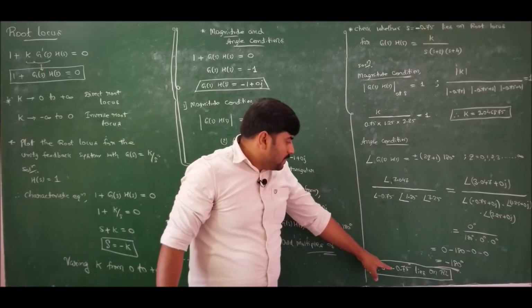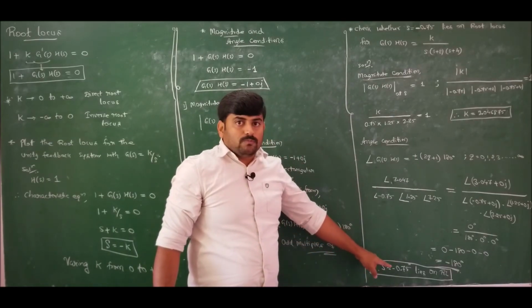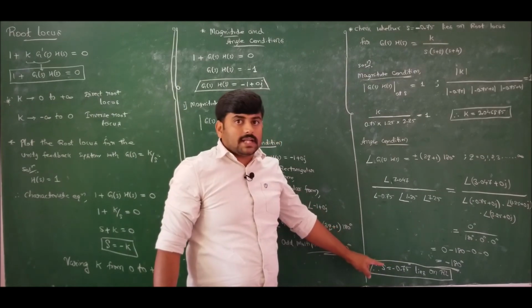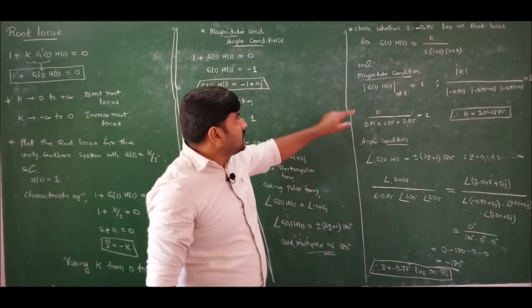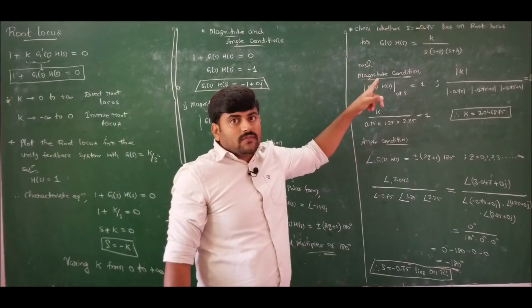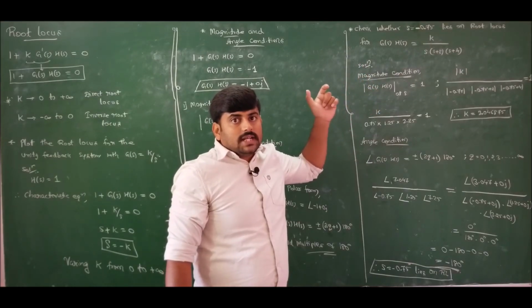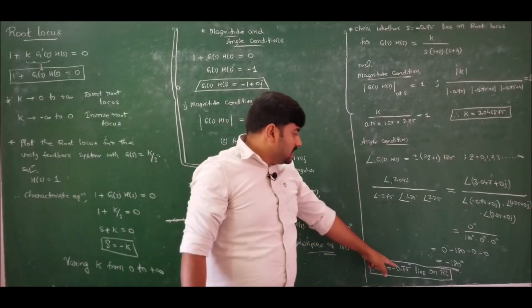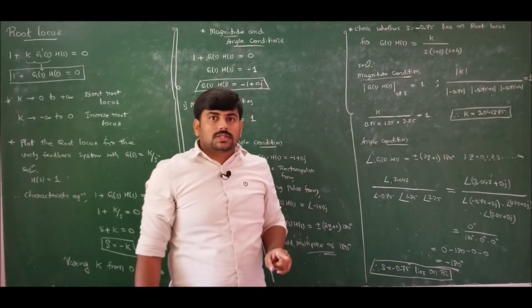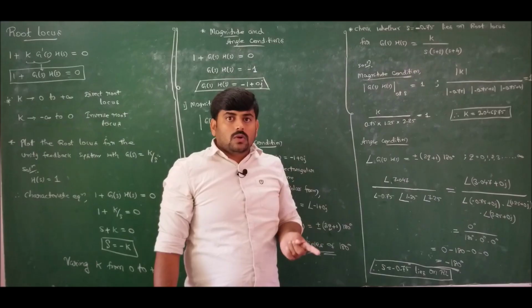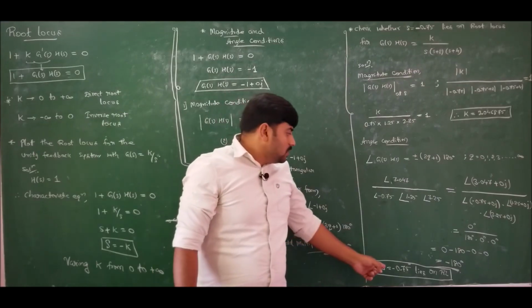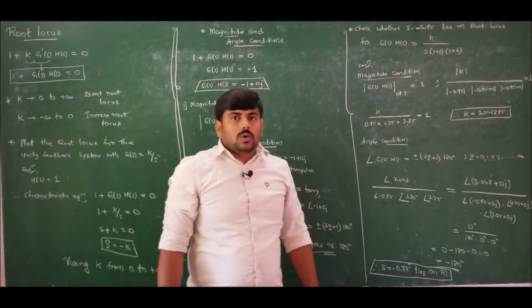So minus 0.75 is a closed loop pole, which means it is a root of the characteristic equation 1 plus G of S into H of S equal to 0. Then only it will become a closed loop pole. Closed loop poles can only lie on the root locus.